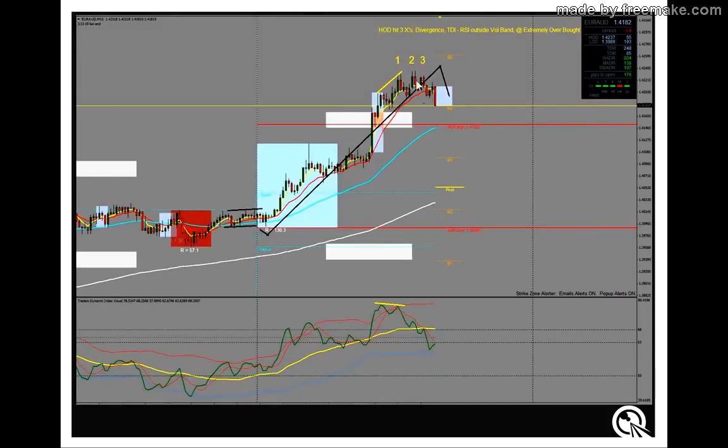They gave us 1, 2, 3 opportunities with 3 sets of railroad tracks to get into this trade. Note also, price is rising here in our candles, but yet has fallen flat here in TDI. We're at the extreme overbought level as well. Again, it's a culmination of things helping us to understand when they're ready to roll the market over.